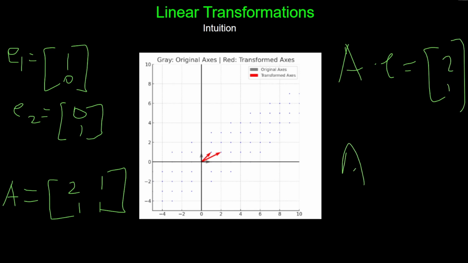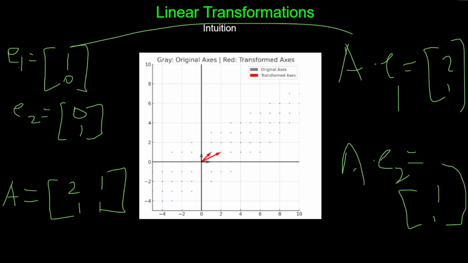And if we multiply A by E2, we get (1, 1). So E1, once pointing to (1, 0), is now pointing to (2, 1). Similarly, E2, once pointing to (0, 1), is now pointing to (1, 1). So it's technically transformed. These are the new basis vectors for the new vector space, and these dots represent the possible vectors which can be present in this vector space.